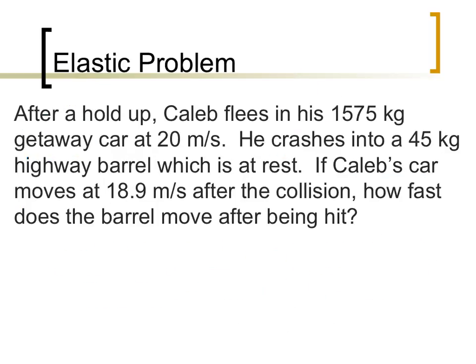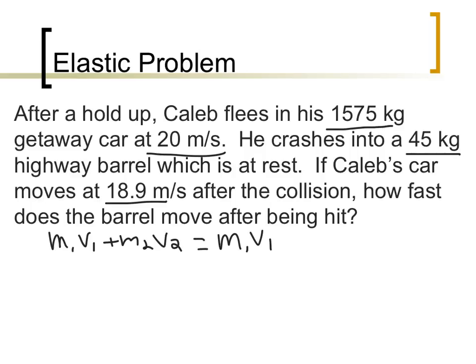Okay, let's look at an elastic problem. After a holdup, Caleb flees in his 1575 kilogram getaway car at 20 meters per second. He crashes into a 45 kilogram barrel, which is at rest. If Caleb's car moves at 18.9 meters per second after the collision, how fast does the barrel move after being hit? So let's set this up. We have M1 V1 plus M2 V2, then we have M1 V1F, my final, plus M2 V2F.